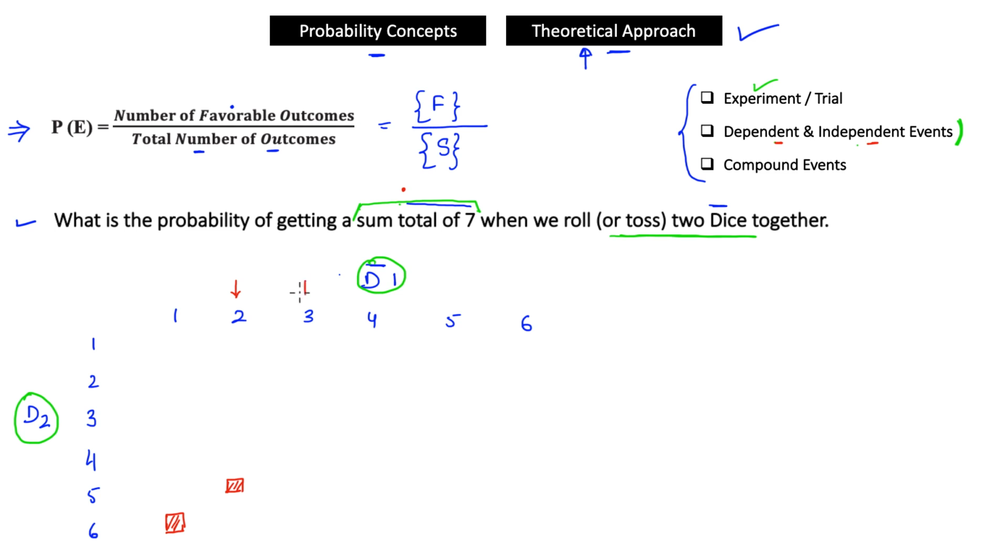And if the first die results in a 3, then the only way I could get a 7 is if the second results in a 4. And just like that, you will get the combinations of two dice that give a total of 7. Well, if you think about this, there are 6 possible ways to get a sum total of 7. So I will say that my number of desired outcomes is 6 only.